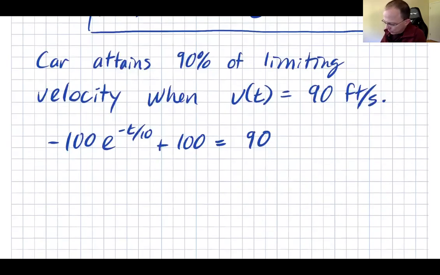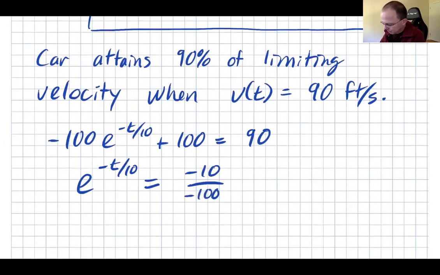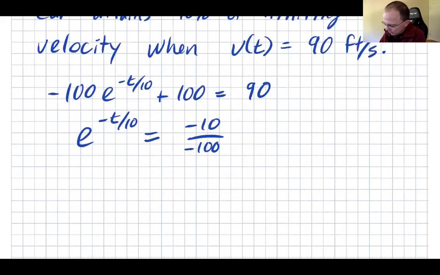Okay, so subtract 100 from both sides and divide by negative 100. That will give me negative 10 on the right, so I'll have negative 10 divided by negative 100. Okay, so take the log of both sides. So negative 10 over negative 100, that's 10 over 100, which is 1 over 10. So let's leave it like that.